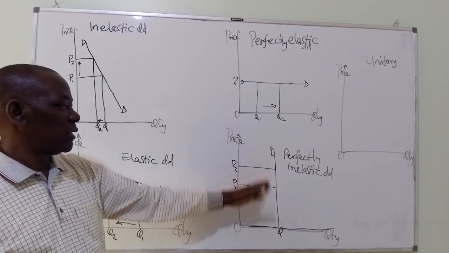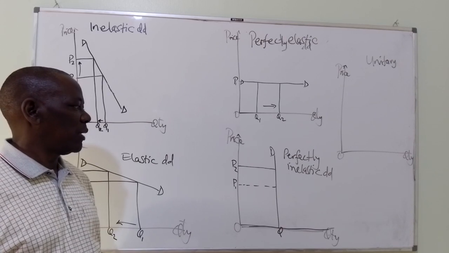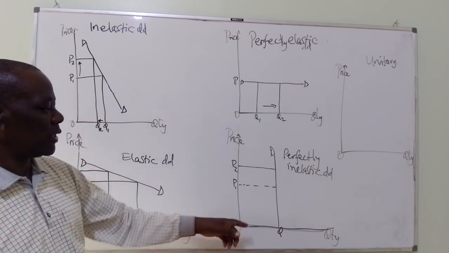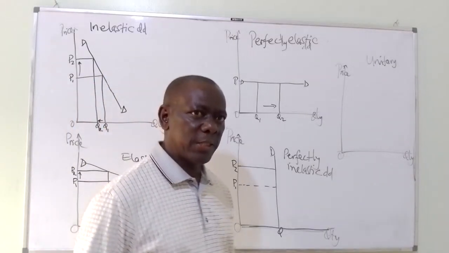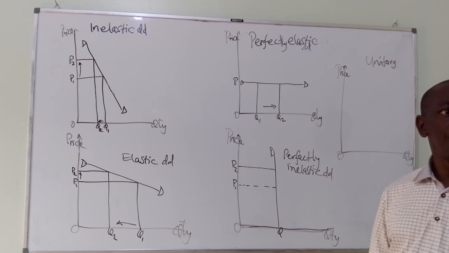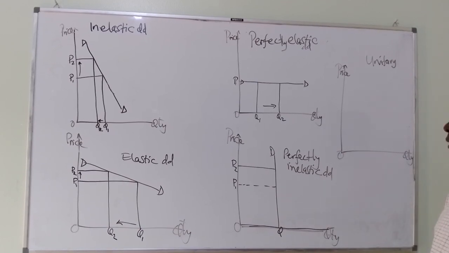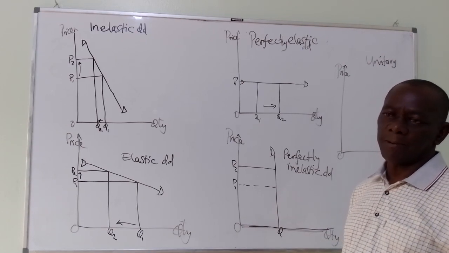The moment you change the price, you are not going to see any change in quantity demanded. And we said that is in most cases the example of that is with medicine.